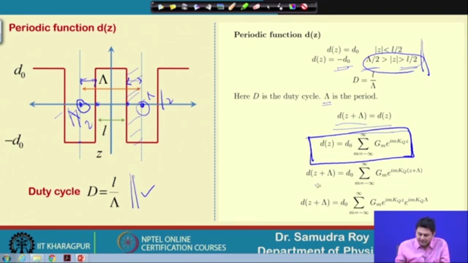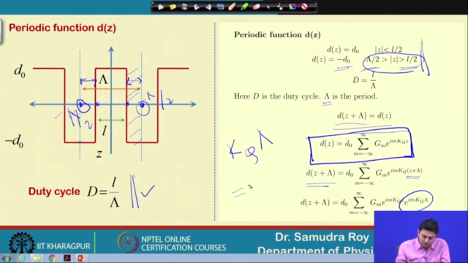Now, if I write D of z plus lambda, then it should be the sum of G_m e to the power i m K z into e to the power i m K lambda, where in place of z I write z plus lambda. K times lambda, we know how much it is?